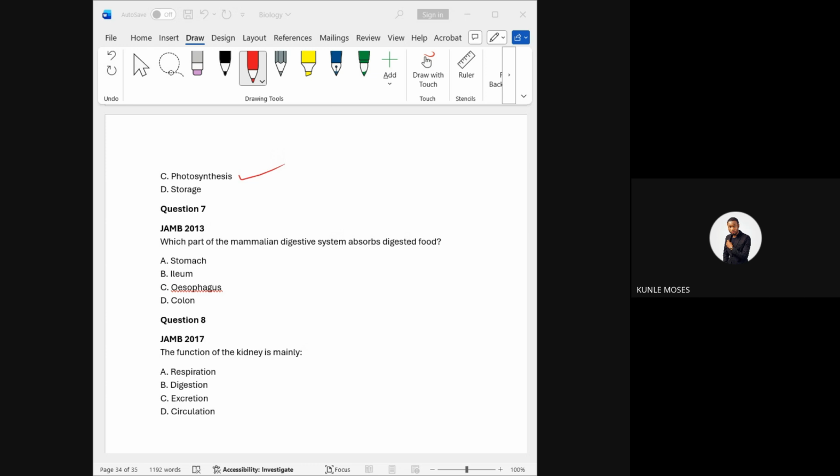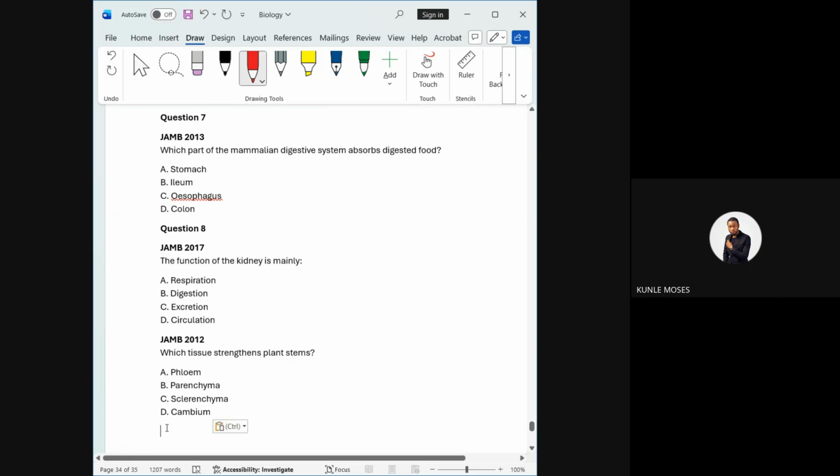So who is the next person? The next person should give me a love emoji. JAMB 2012. Very good. We did this one today, but I also taught you last week actually. I still don't know the amount of topics, so I will tell you after the class. So Shadrach, Alpha. Shadrach, we are waiting for you.